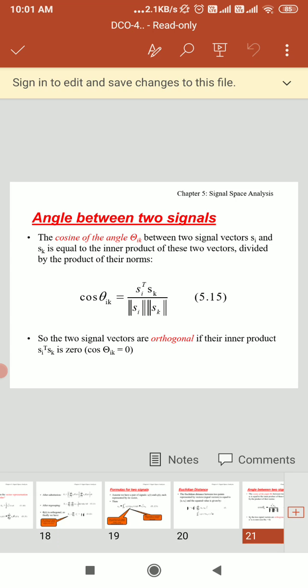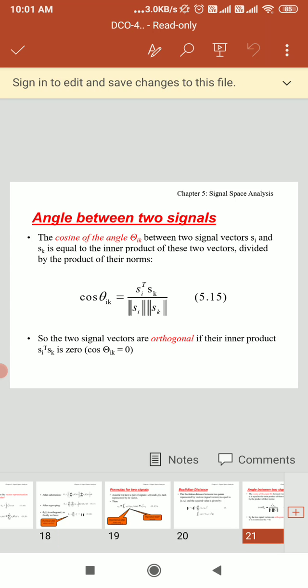So you take the product of norms in the denominator and the inner product in the numerator, and you will get the cosine of that angle. So cos theta ik equals Si transpose Sk upon the double modulus Si times the double modulus Sk.